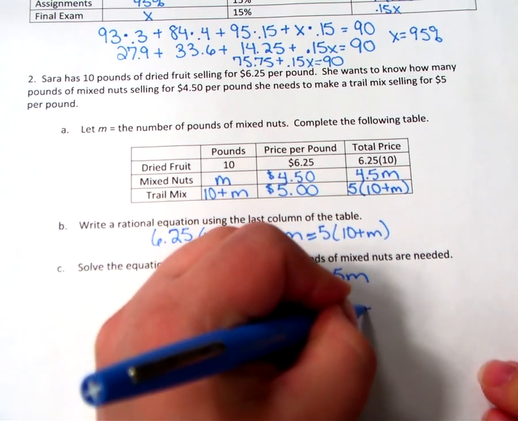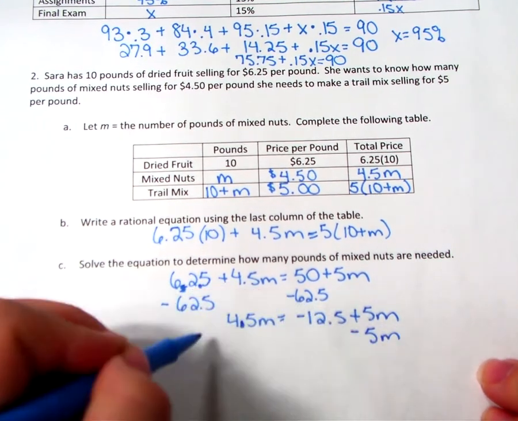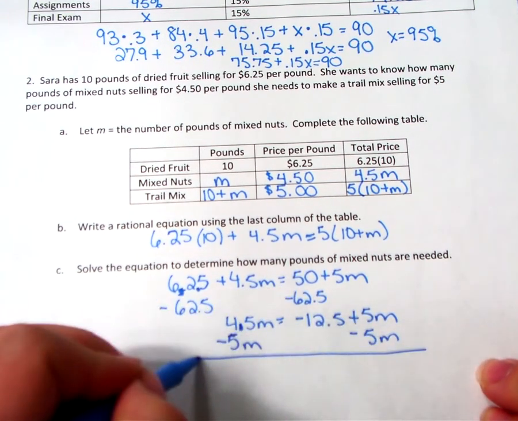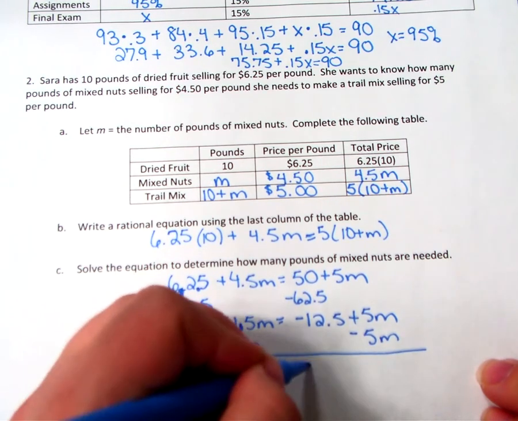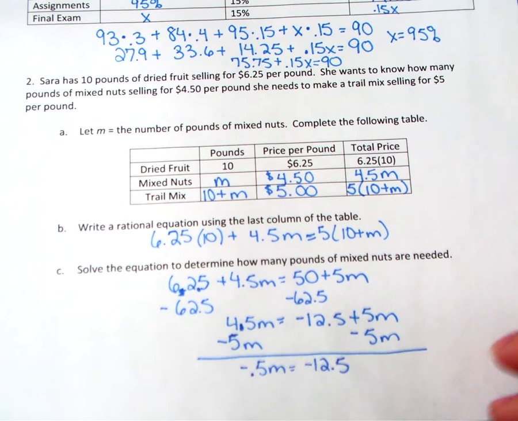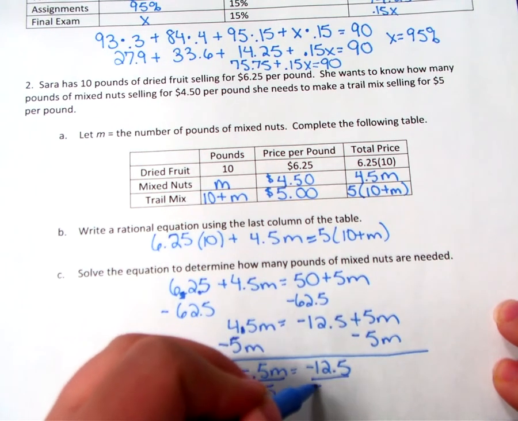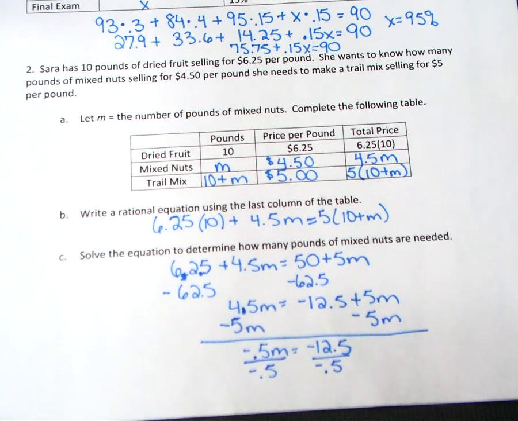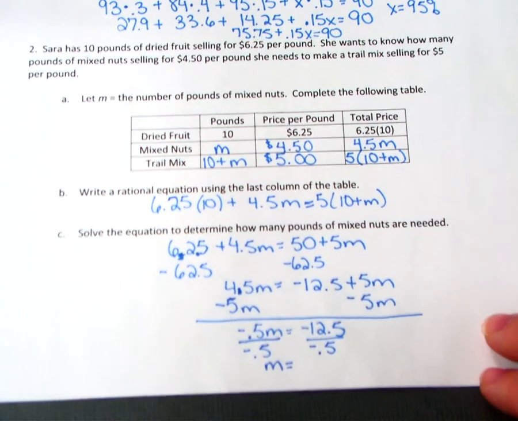Then we're going to subtract 5M from both sides, and I get negative 0.5 m equals negative 12.5. So now we're going to divide by negative 0.5 on both sides, and I get that the number of pounds she should have of mixed nuts should be 25.